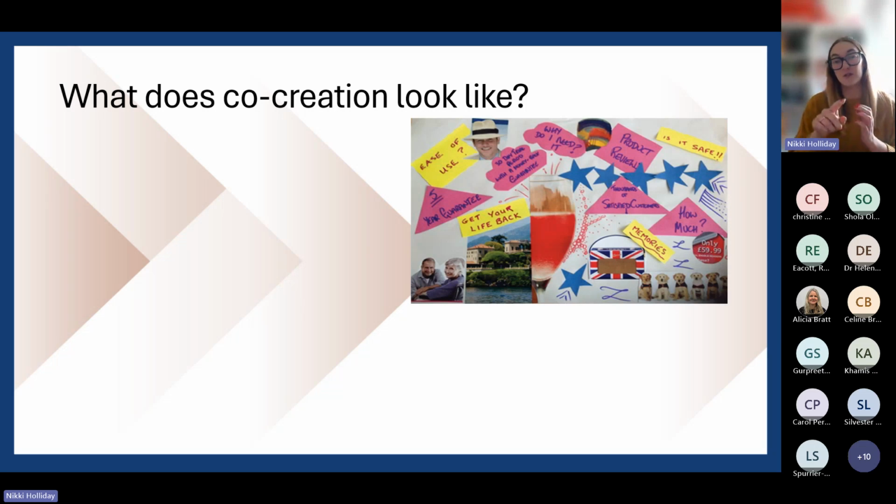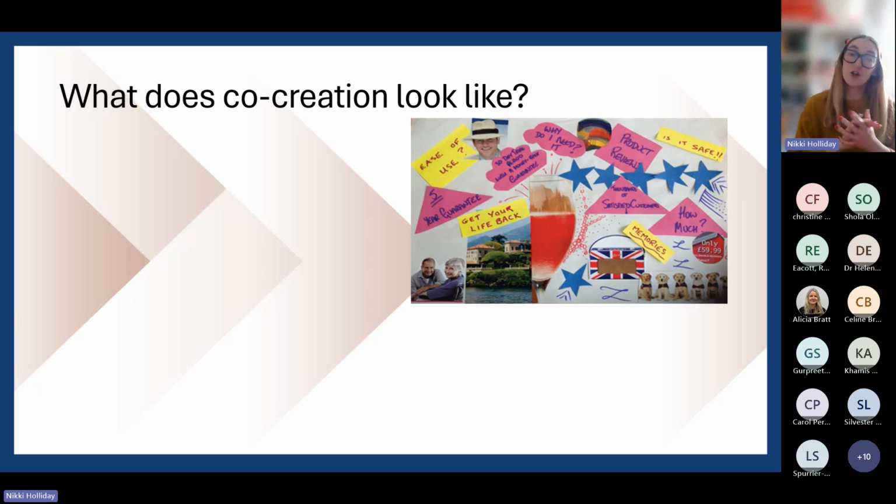So we have a picture in the middle of a champagne glass. So they wanted healthcare technologies that would help them to celebrate their life, to go on holidays more. There's a picture of a radio there with a Union Jack flag. They were quite interested in having things that were locally made rather than some sort of random technology from Amazon or something like that.